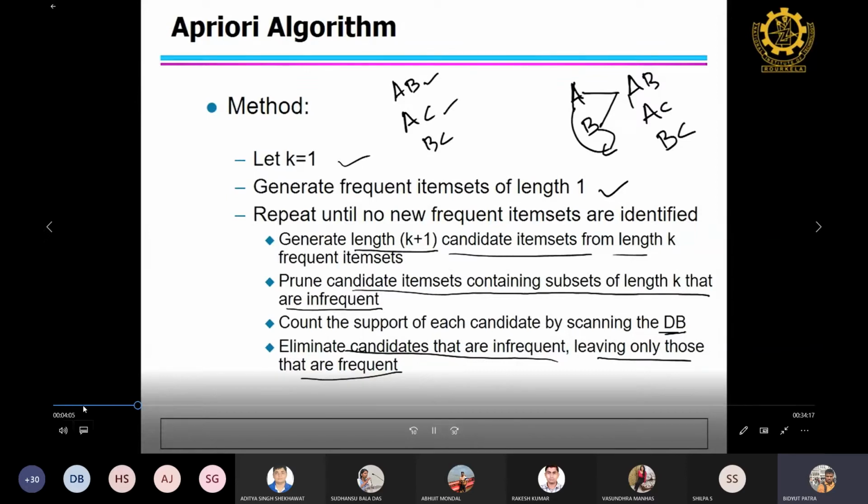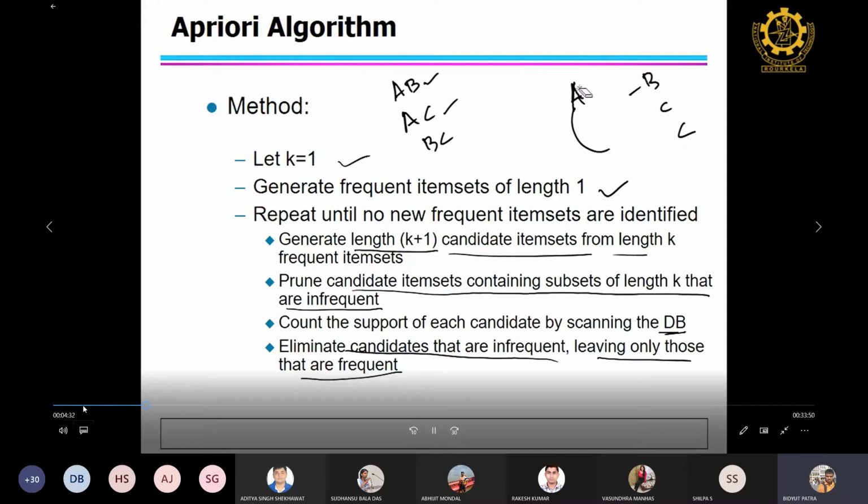While merging two frequent item sets of length k, you have to see that all items from 1 to k minus 1 must be identical.